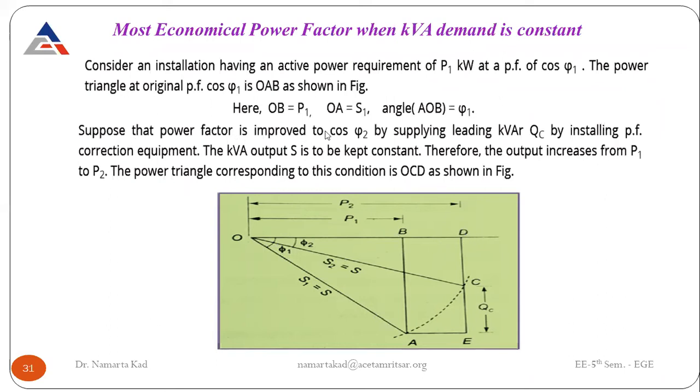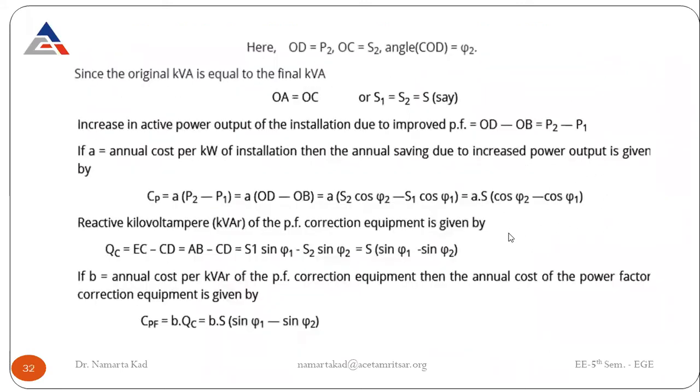Suppose the power factor is improved by supplying the leading kVAR, Q, by installing power factor correction equipment. The kVA output is maintained constant, and the output power increases from OP1 to OP2. This is the derivation that we have recently covered on the board.